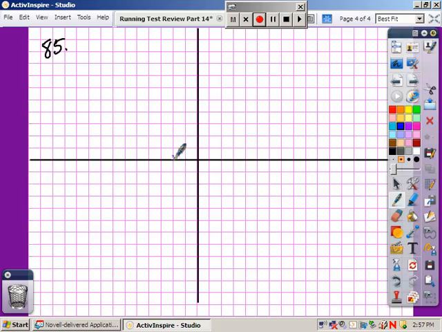So again, I'm going to make each one of these squares a half, or in other words, make every 2 blocks one value. So our symmetry line is at x equals -1, just like the last problem.